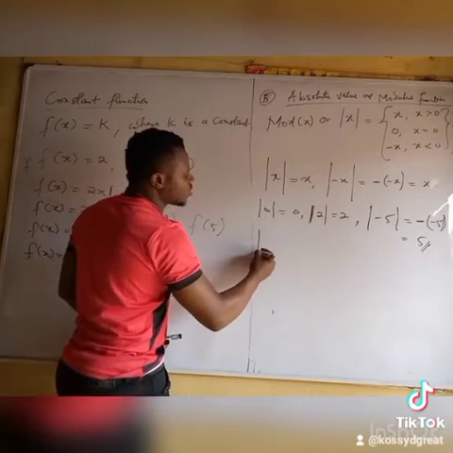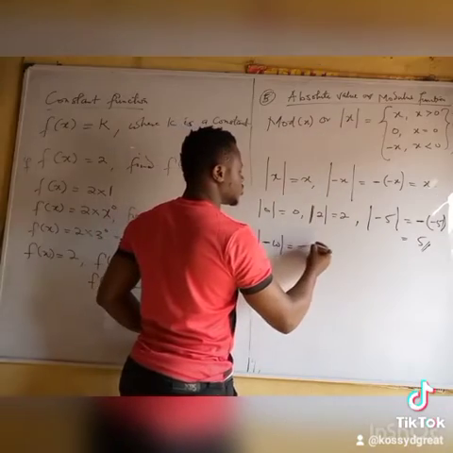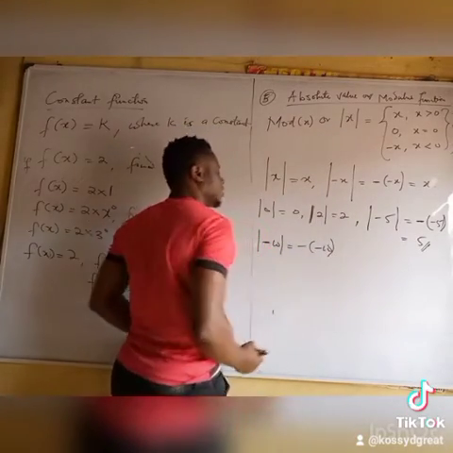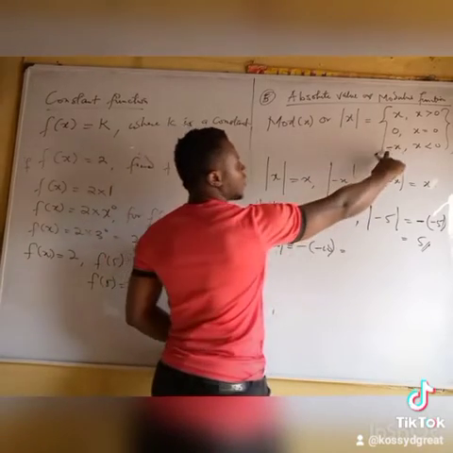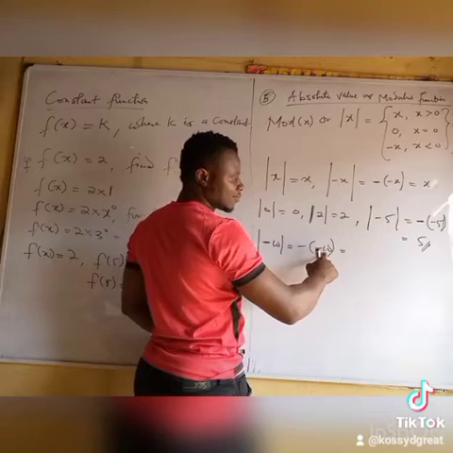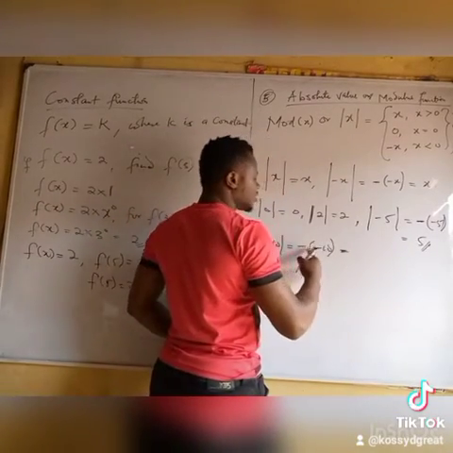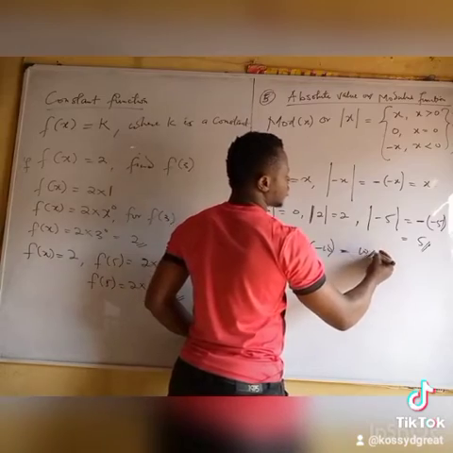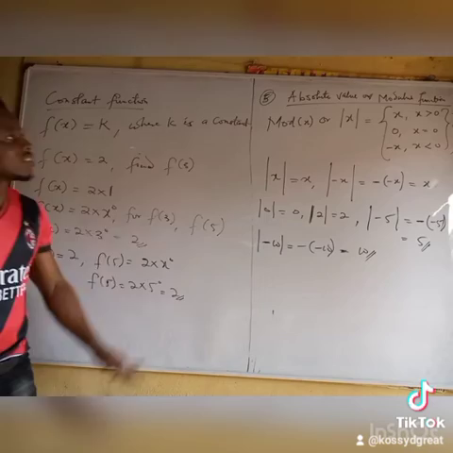If somebody asks what is the absolute value of minus 10, the answer is minus 10, and the minus is this particular one. What is our x? Minus 10. So we are going to have minus times minus, it becomes 10. So this is the absolute value function which satisfies this particular condition.